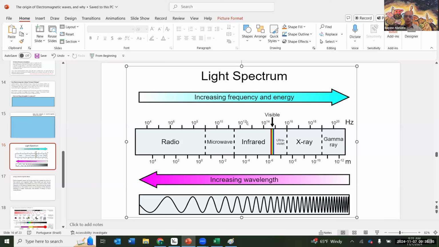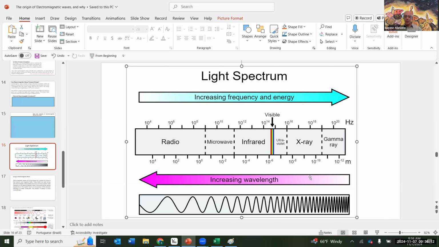we have the light spectrum, and you see it ranges from radio waves that have very long wavelengths, here 10 to the 4, versus gamma rays, which are very small, 10 to the negative 12. And X-ray is right here, a little less than gamma rays. And then visible light is around here. We have the infrared and microwave.